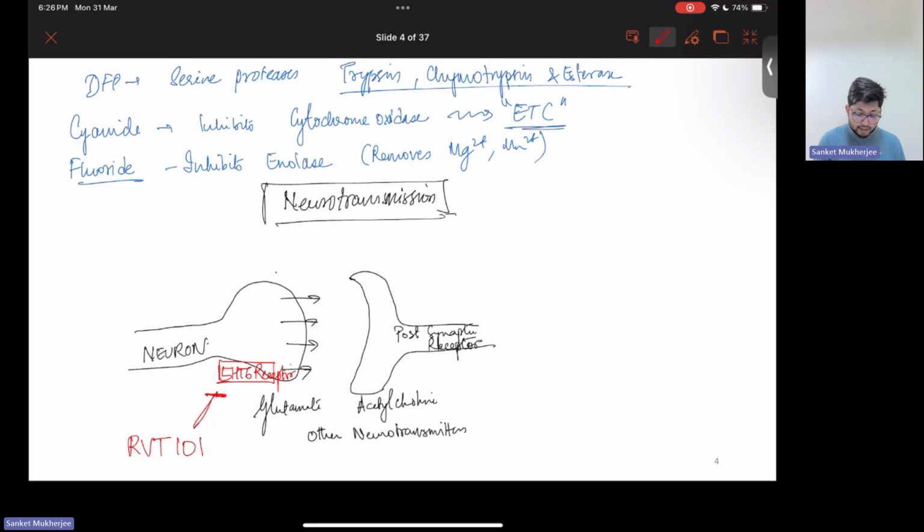Similarly, choline esterase, as we already know, is inhibited by donepezil. So it prevents breakdown of acetylcholine.